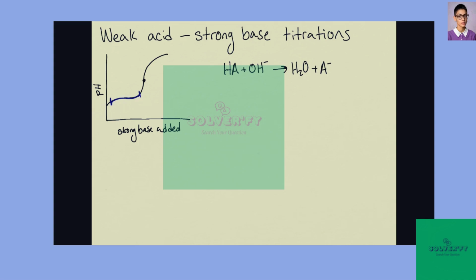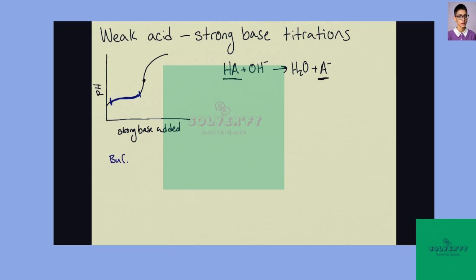Once enough of this conjugate base is formed, the solution becomes a buffer since we have the weak acid that we had at the beginning and the newly formed conjugate base. So the titration goes into what's called the buffer region, which is this region right here in blue.